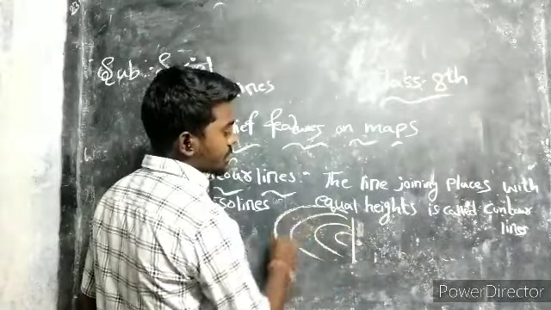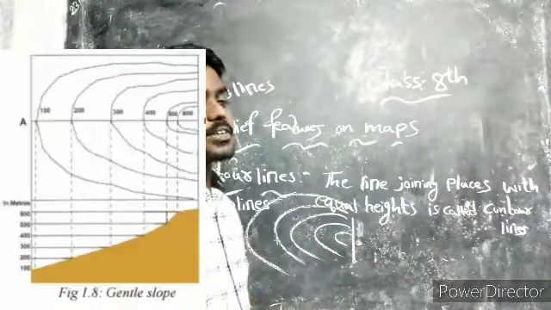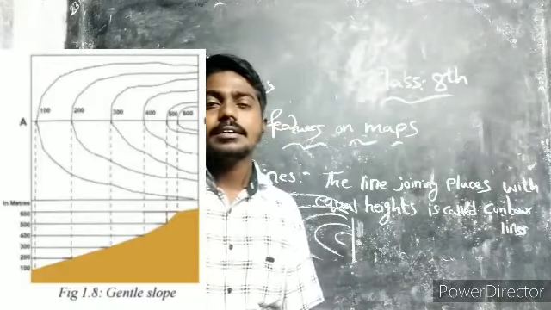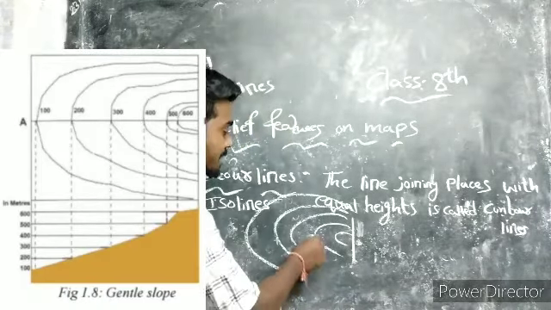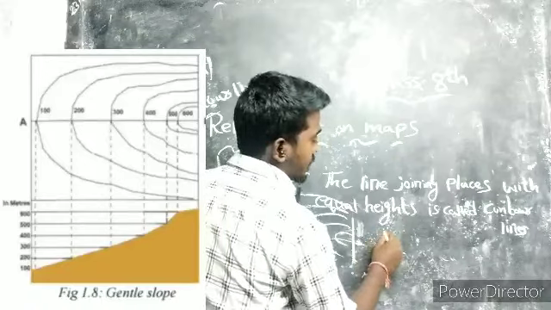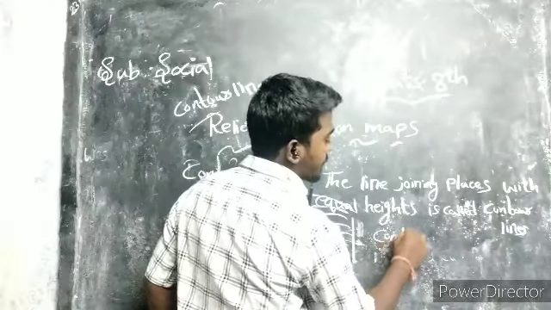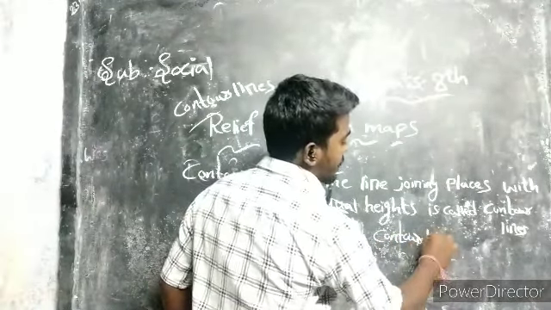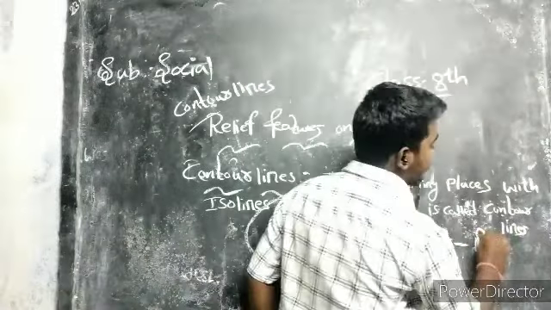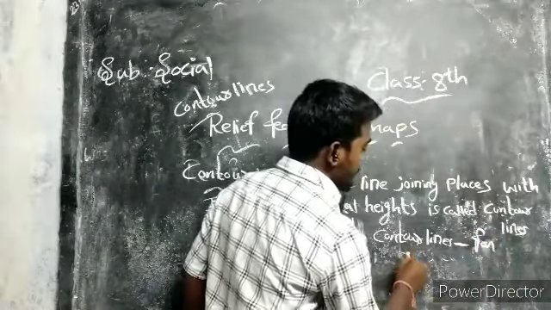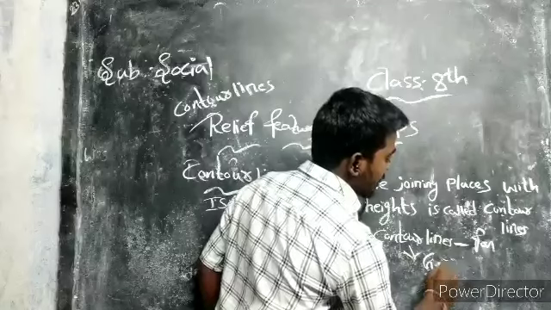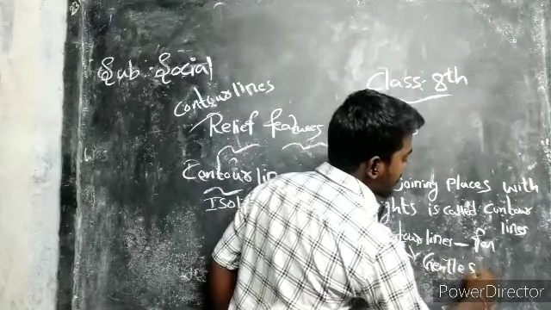Wherever the contour lines are far apart, they represent gentle slopes.